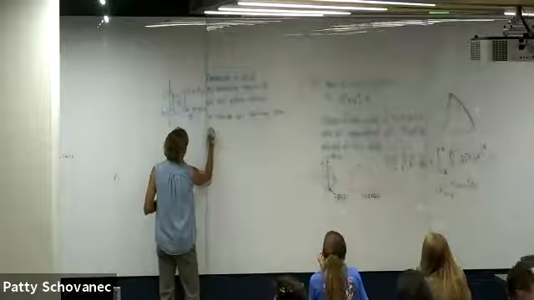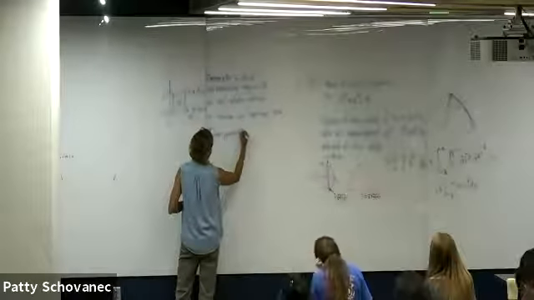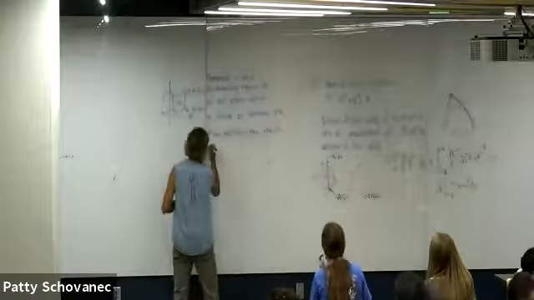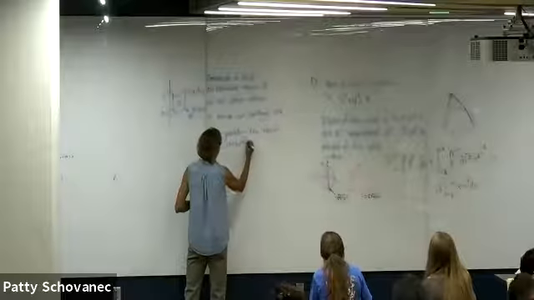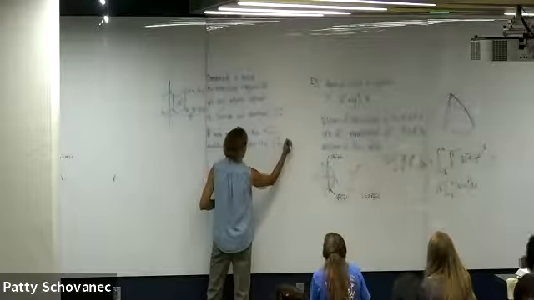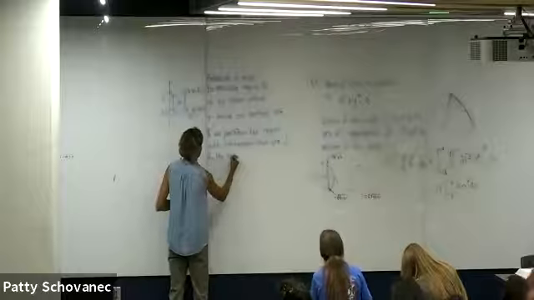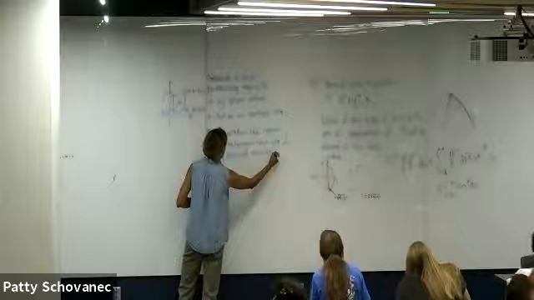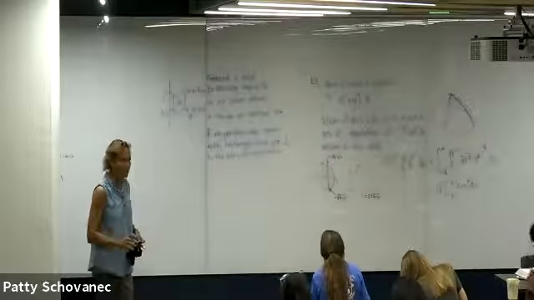Then if we partition the region with rectangles that are perpendicular to the axis of revolution, a known shape is generated by the partitioning element.